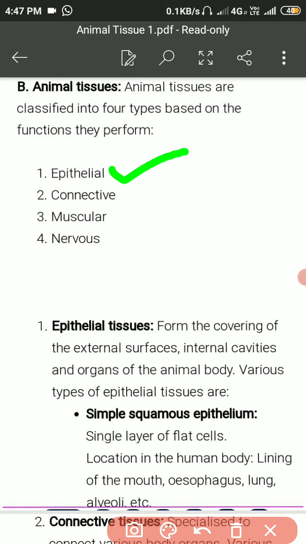For a cavity like the mouth cavity, there is an internal lining of epithelial tissue as a covering. And these epithelial tissues are of several types, like squamous, columnar, ciliated columnar, glandular, and cuboidal.